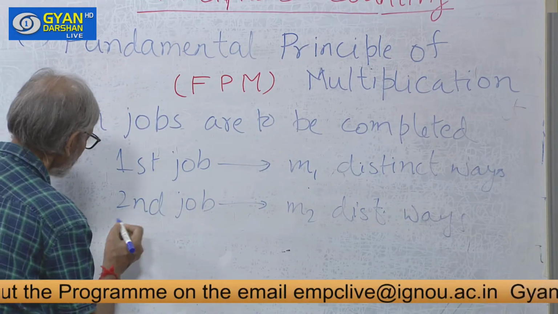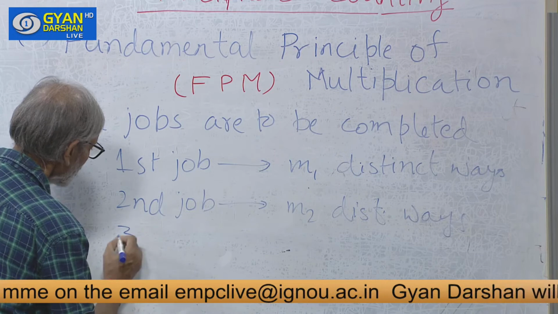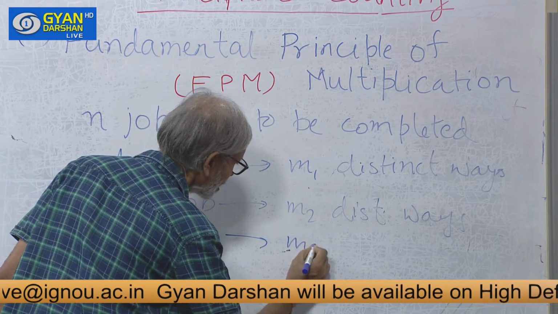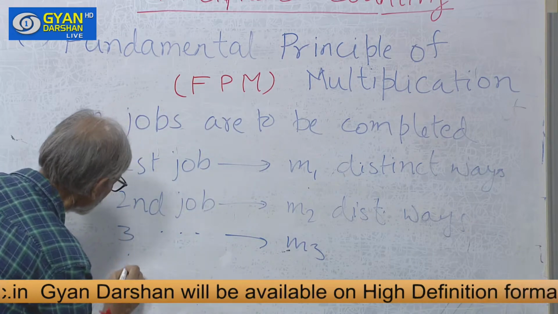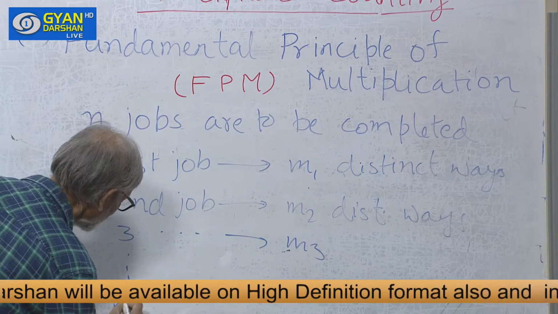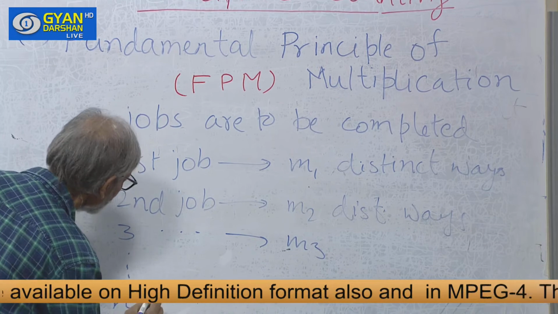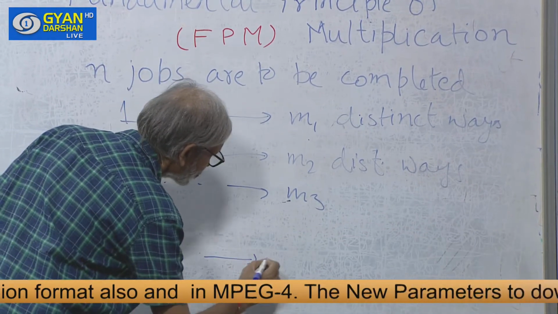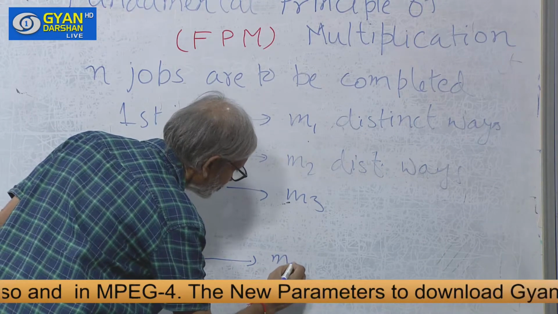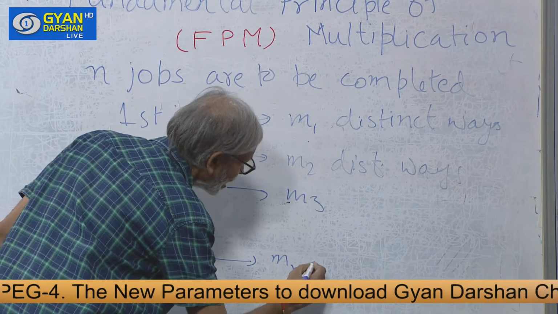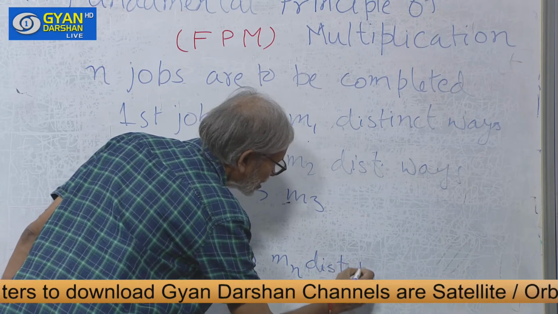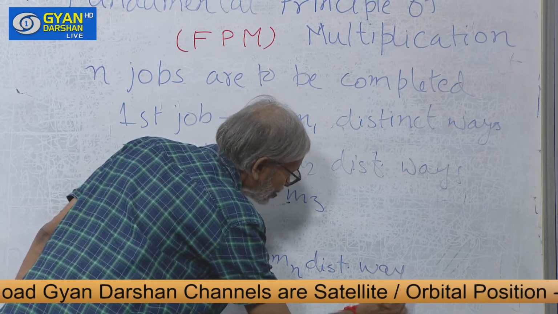You can go on writing the third job in m3 distinct ways, and the nth job, total n jobs are there, can be done in mn distinct ways.